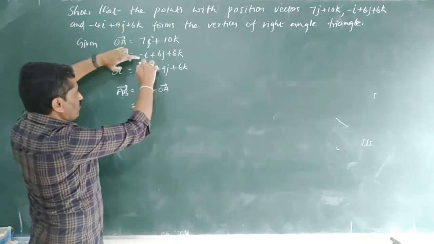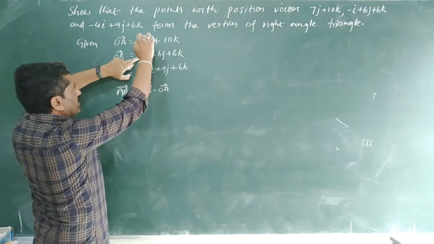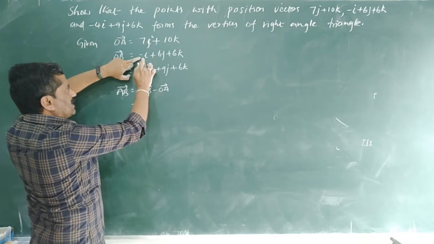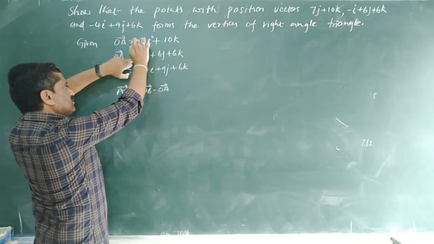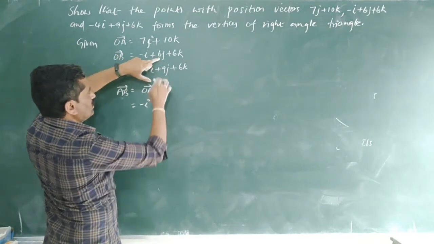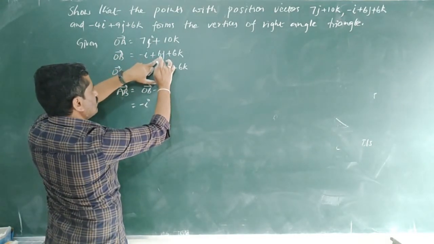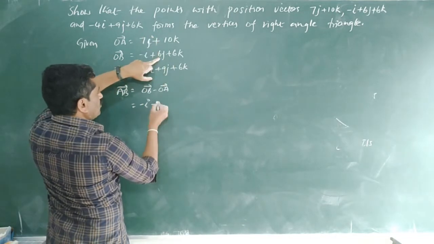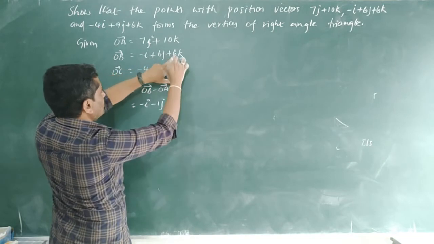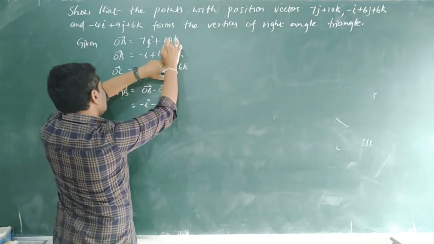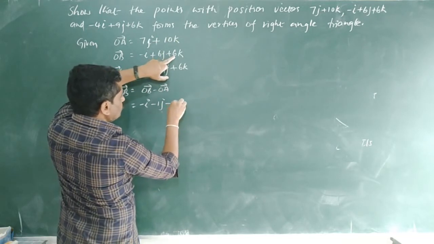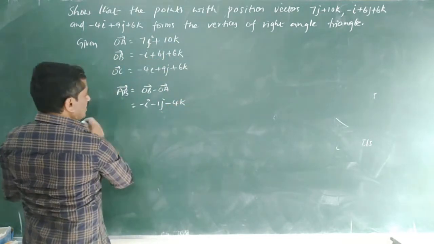We have minus 1 here, and since we don't have any i term in OA, minus 0, we have minus i. Again, 6 minus 7, we have minus 1j. Again, 6 minus 10, we have minus 4k.